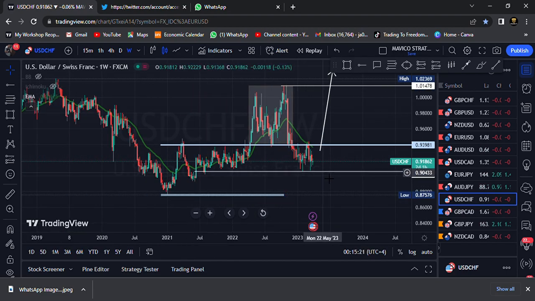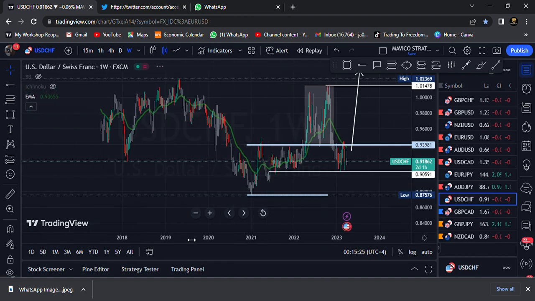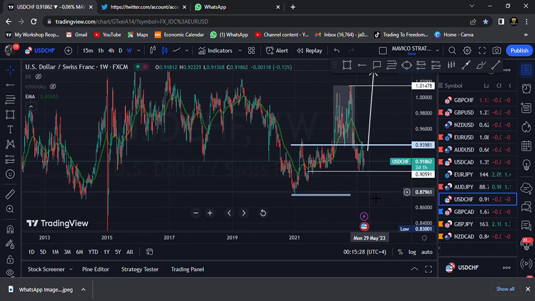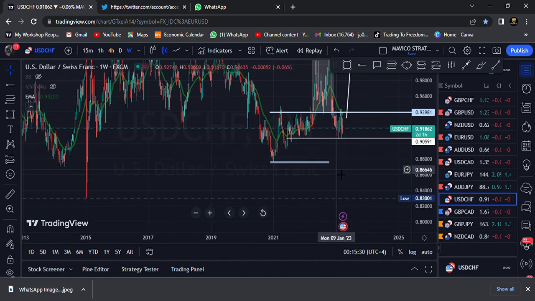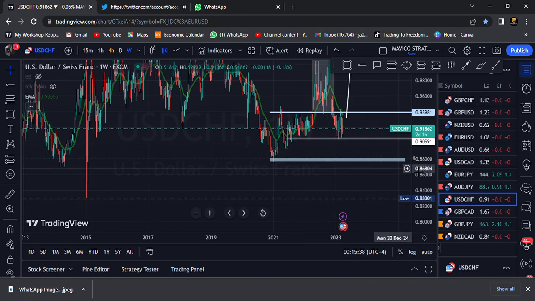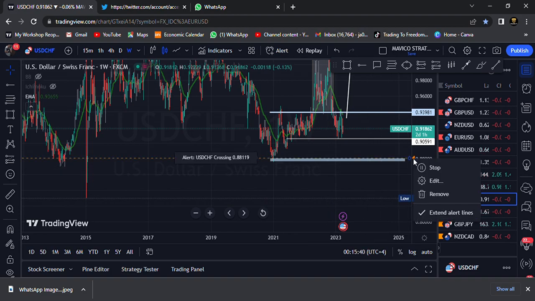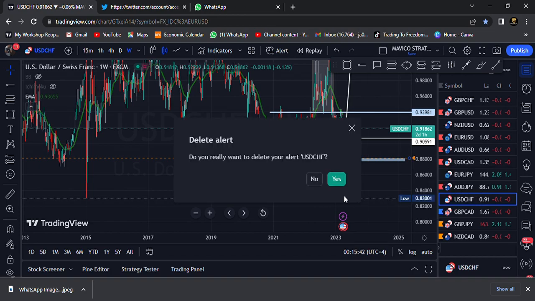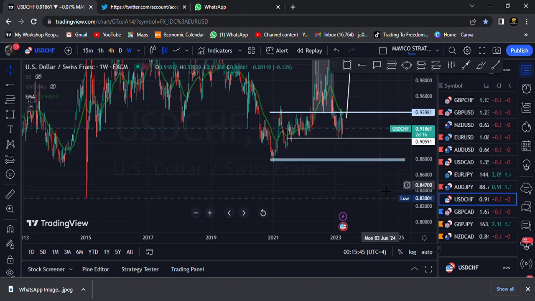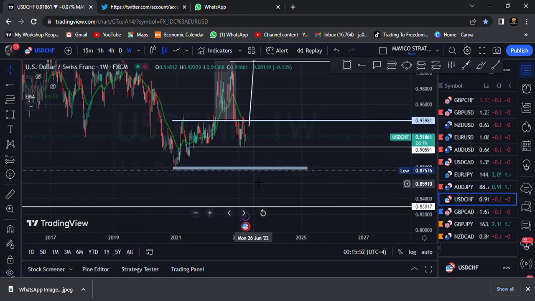The way price reacts here, we'll determine the last option, because if price breaks this area, we should be expecting it around here. Should be expecting price there and here as well. So if it breaks here.